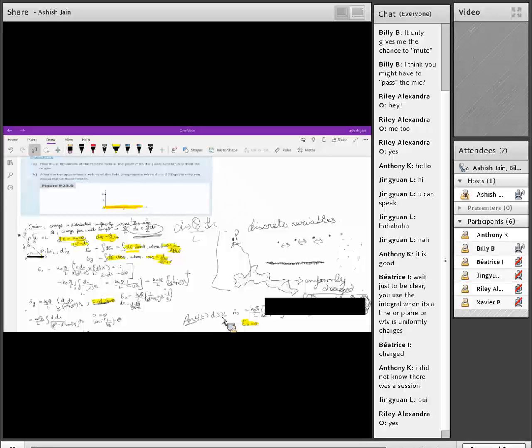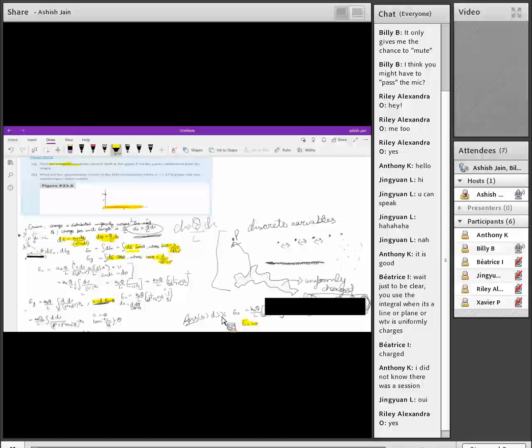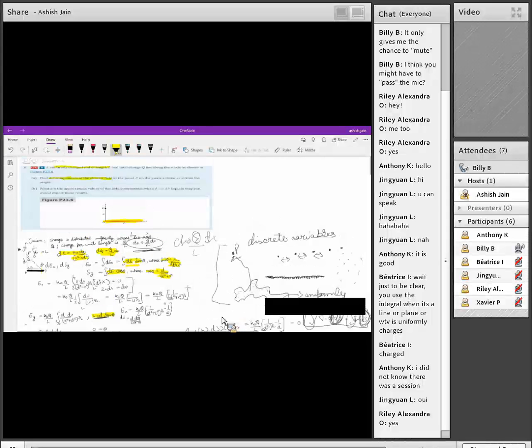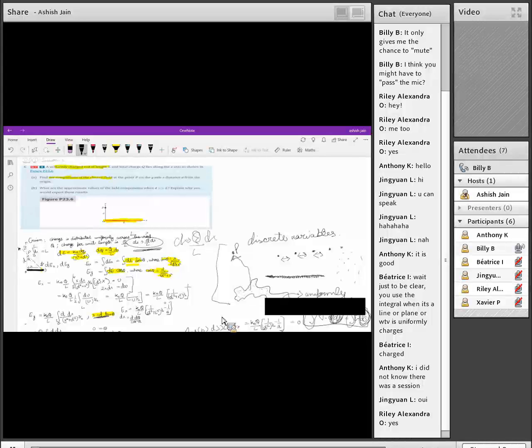So as you see, the trick in physics or anywhere, everything is hidden in the question itself. The question says that this is a uniformly charged rod of length L. That means this is a rod and every infinitesimal point has a charge.